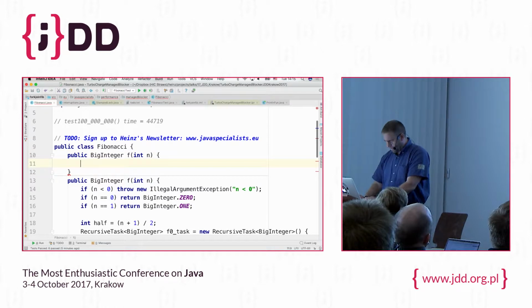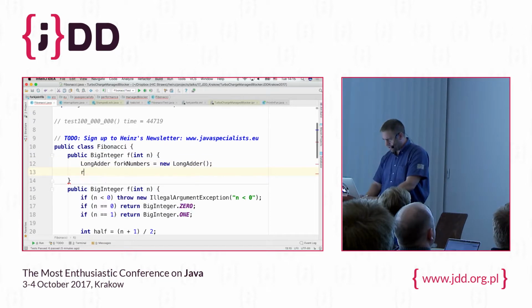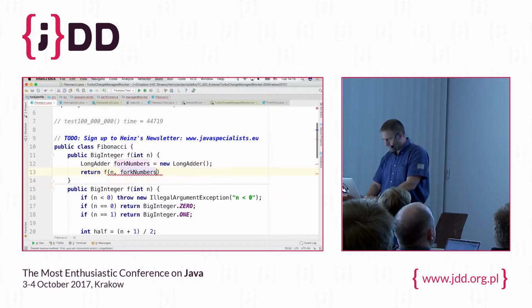So here's what we'll do. We're going to say return f of... No, we're going to do this this way. I'll make a long adder, fork numbers equals new long adder, and then return fn comma fork numbers.